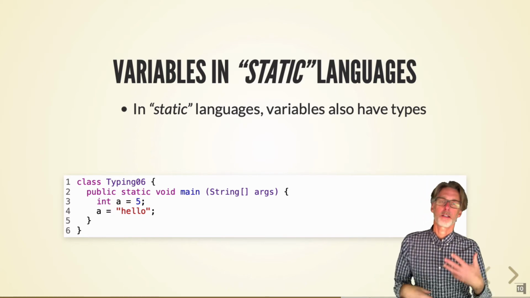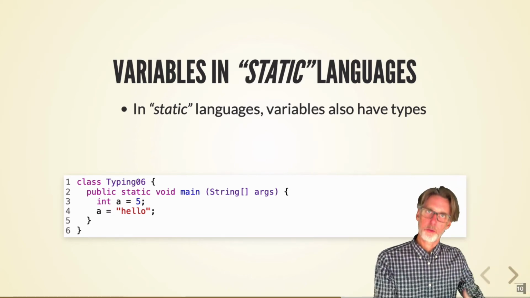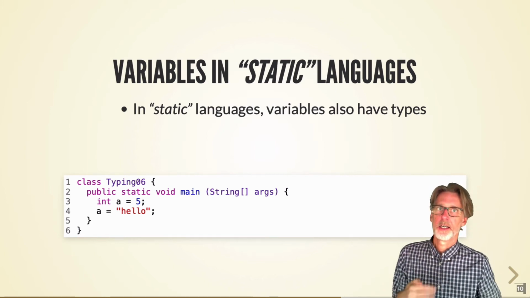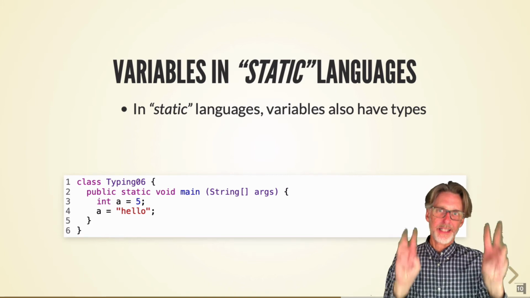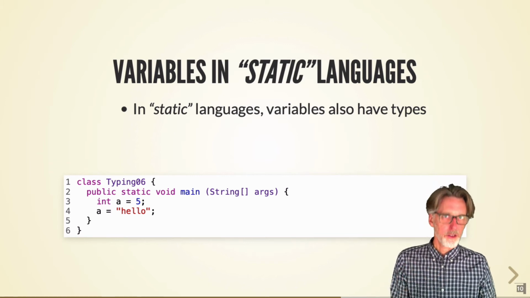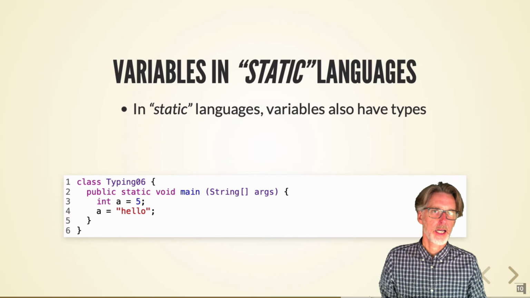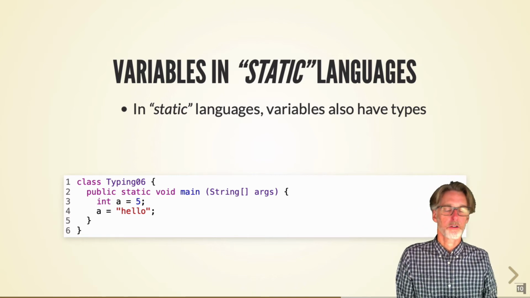We often talk about static and dynamic languages. And as I think you've just seen, this is a bit of a false dichotomy. Nonetheless, in static languages, we can sort of have a different idea of what's happening in a dynamic language. Normally, Java would be considered static.